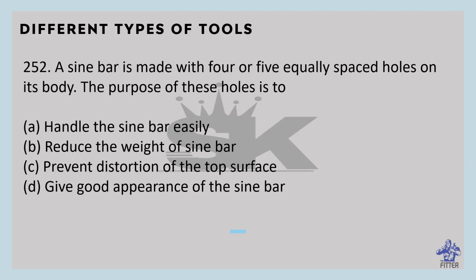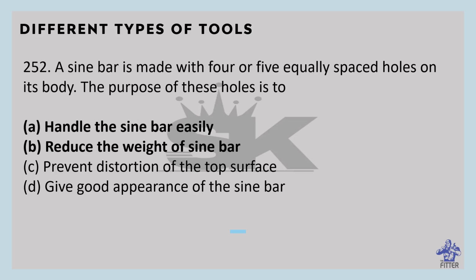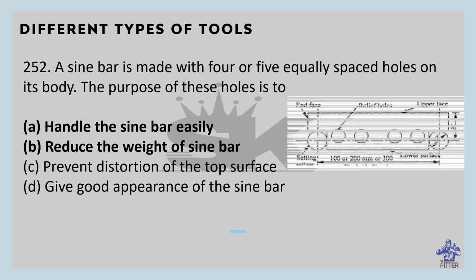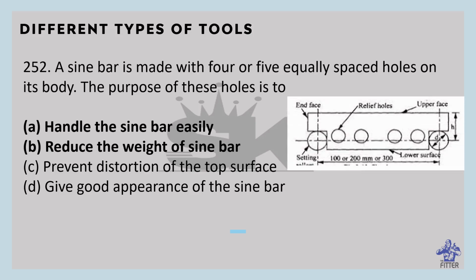A sine bar is made with 4 or 5 equally spaced holes on its body. The purpose of these holes is to reduce the weight of the sine bar and handle it easily. You can see here in the image, these are the relief holes, which reduce the weight of the sine bar and help to handle it easily.